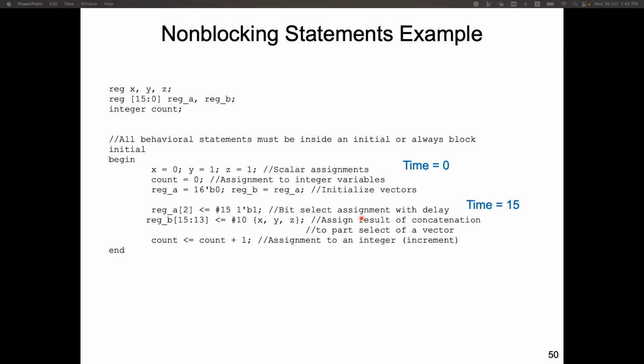But this line does not block the execution of the next line. So the next line states that the concatenation of X, Y, Z is assigned to register B in these positions.